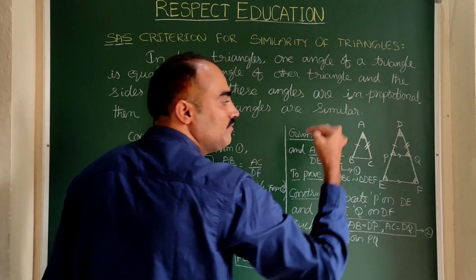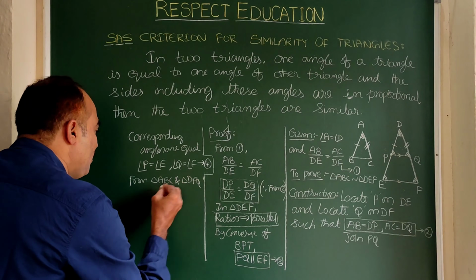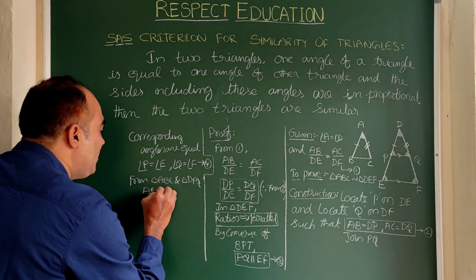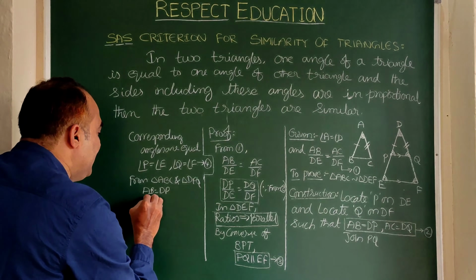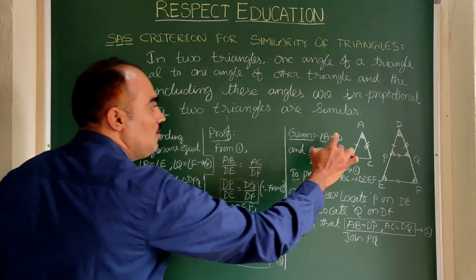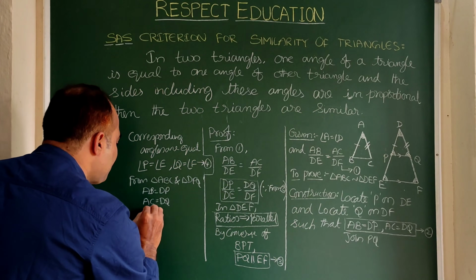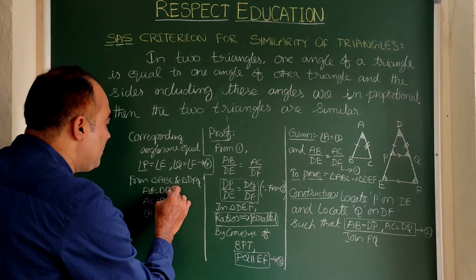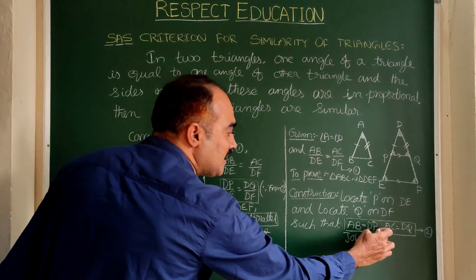So here I am writing from triangle ABC: AB is equal to DP, AC is equal to DQ, also angle A equal to angle D. AB equal to DP, AC equal to DQ by construction.